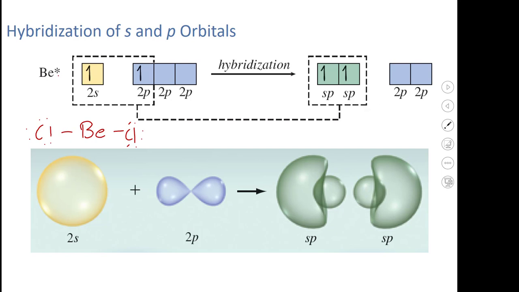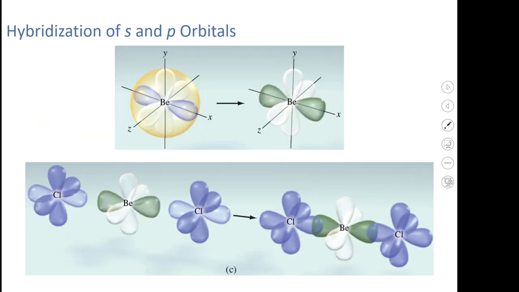Now these sp orbitals, now I've got 2 orbitals, they're going to align themselves the same as electron domains would. So I have 2 orbitals. How far apart are 2 electron domains going to try and get away from each other? What angle? If I had 2 electron domains, how far apart would they try to get? 180. Good. So this is before hybridizing, this is after hybridizing.